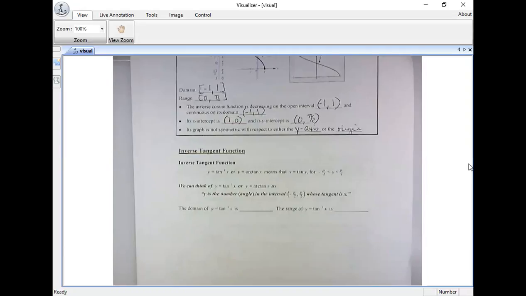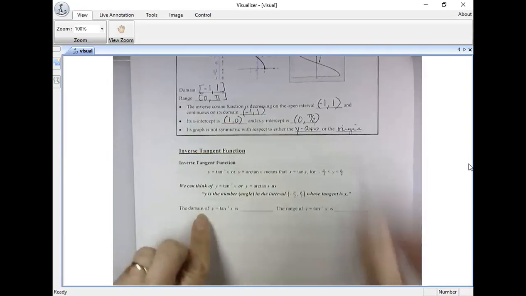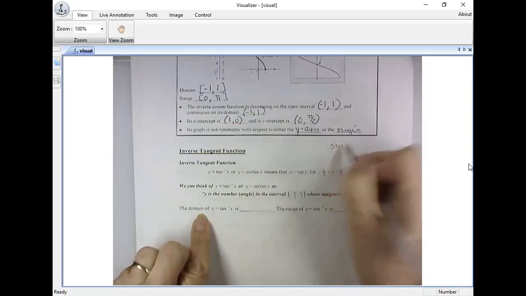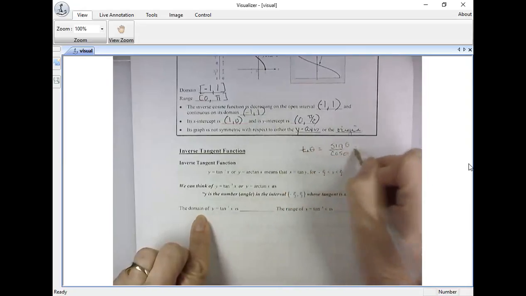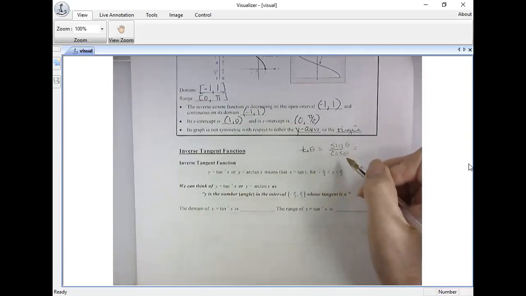I need to know where they are, because I want to make sure I pick the interval that is between asymptotes. I don't want to have a missing value in the middle. Does that make sense? So here's how you can figure out if you don't remember. Tangent is the same thing as sine over cosine, right? Now, where I'm going to have an asymptote would be what value would make my denominator what?